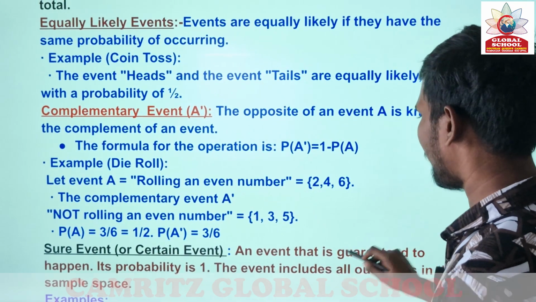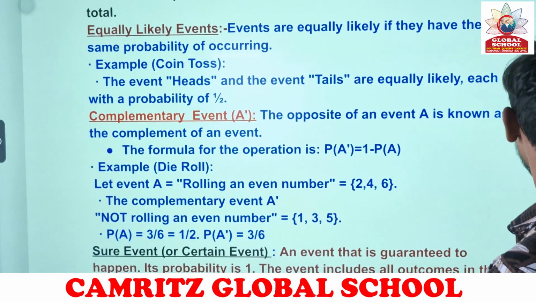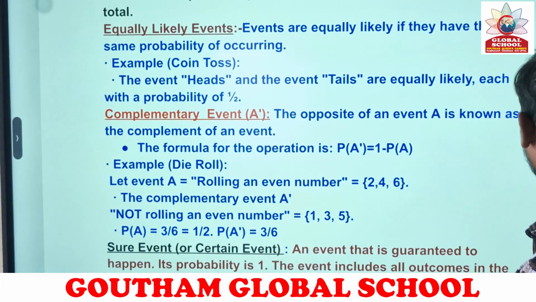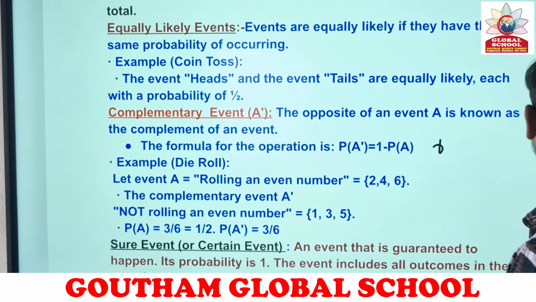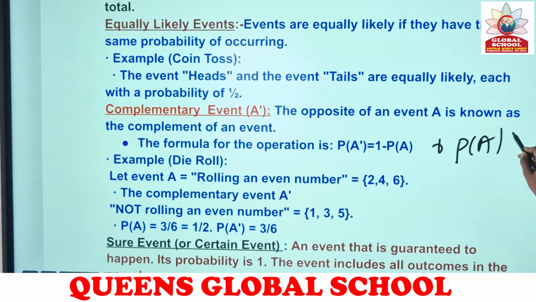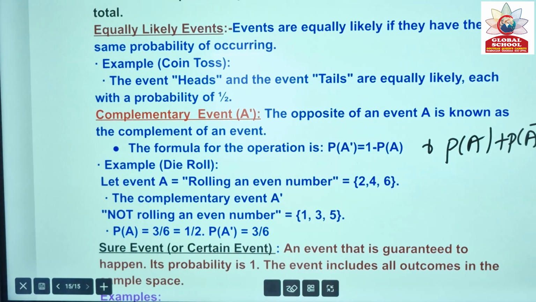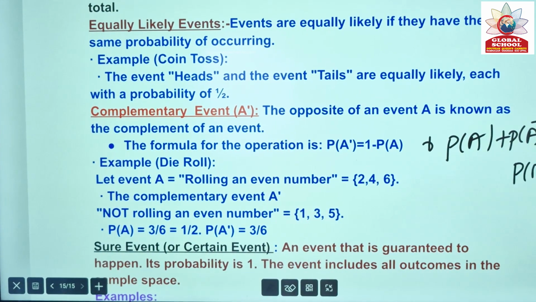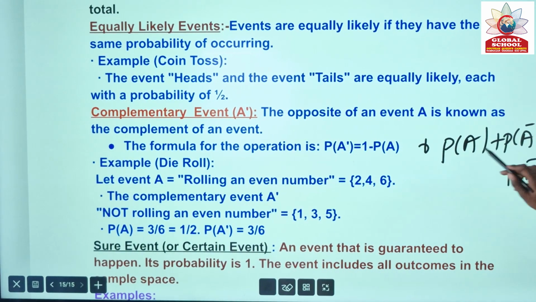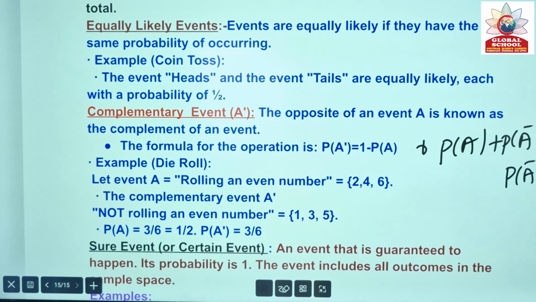We know that P of A plus P of A bar is equal to 1. Similarly, P of A complement means 1 minus P of A.